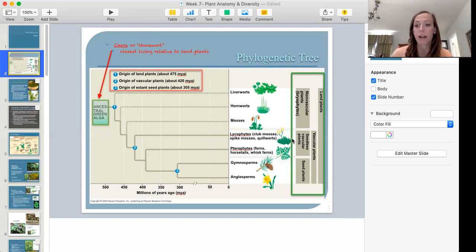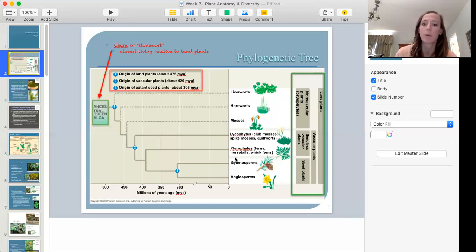However, they won't have seeds until we get to our next group, the seed plants. And the seed plants are going to be most of the large plants that you see in the environment. You're probably familiar with the fact that there are gymnosperms, which are the plants that have what we call naked seeds.